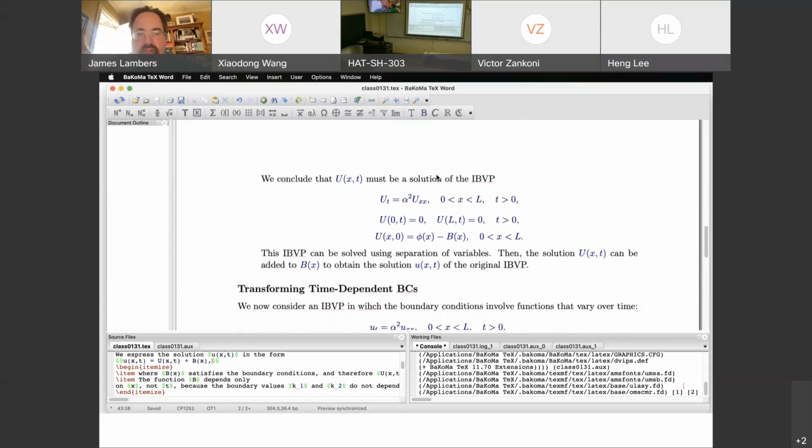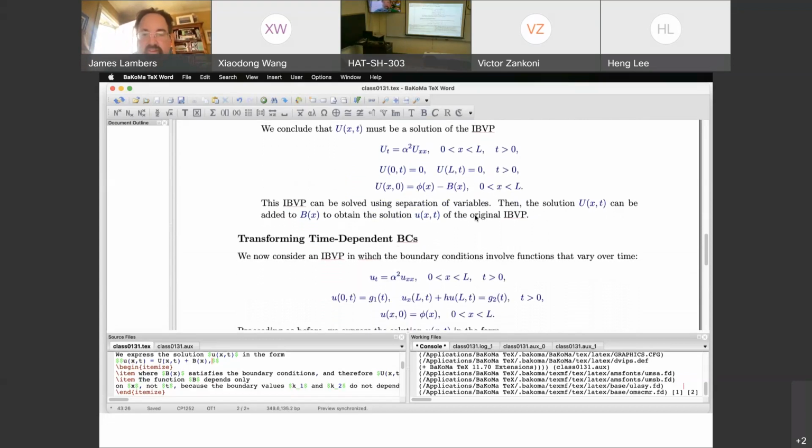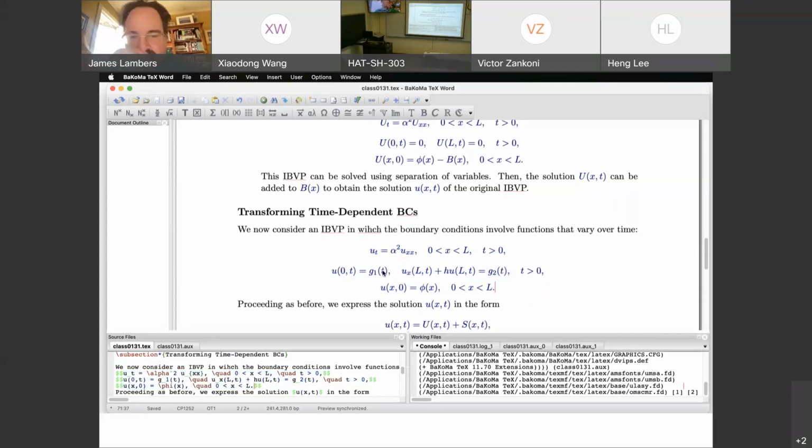I'm going to do another example that's a bit more complicated than the first one. So here's our original problem. PDE and initial conditions are the same. But now we have complications in the boundary conditions. First of all, our boundary values are functions of t now, instead of constants.